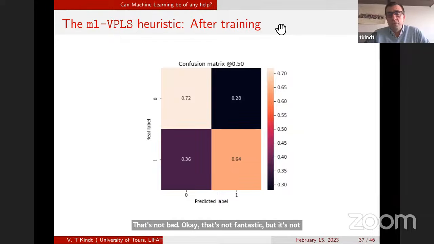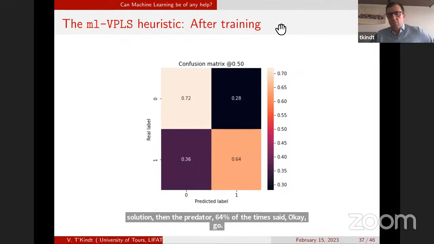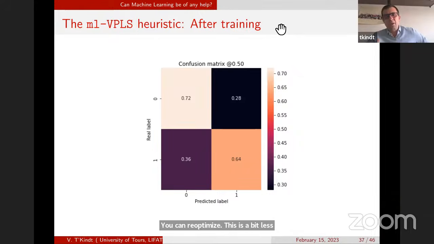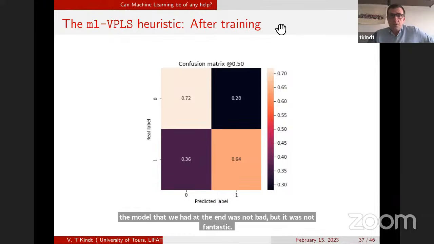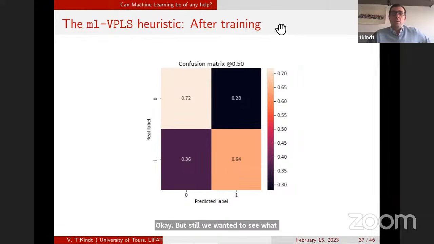And also, if a window re-optimizes, leads to a better solution, then the predictor 64% of the times said, okay, go, you can re-optimize. This is a bit less, it's not that efficient. So globally, my opinion is that the model that we had at the end was not bad, but it was not fantastic, okay? But still, we wanted to see what happened if I use this predictor in the Matheuristic.